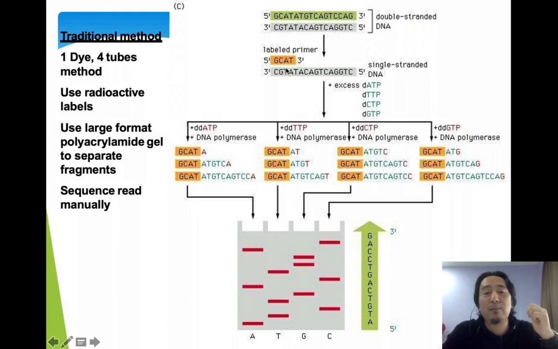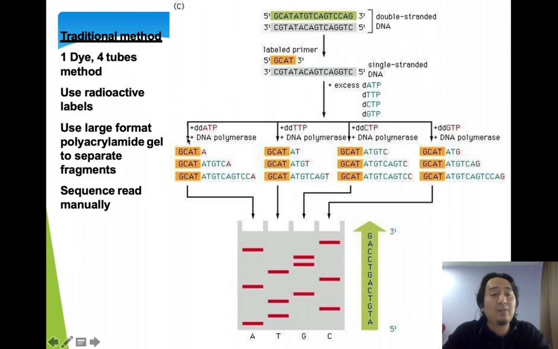Okay, so once you have the single-stranded DNA, you add the labeled primer, you add excess dATP, dTTP, dCTP, dGTP. These are growing nucleotides that have OH, and then you add DNA polymerase. Then you add ddATP. You add the single-stranded DNA, the labeled primer, then all the dNTPs into the first tube, second tube, third tube, fourth tube.